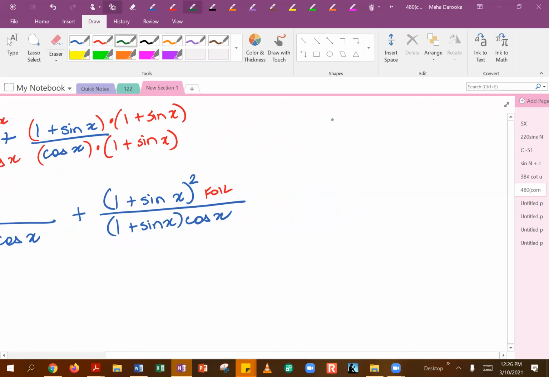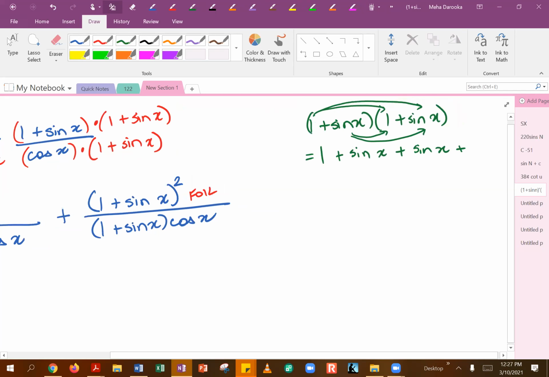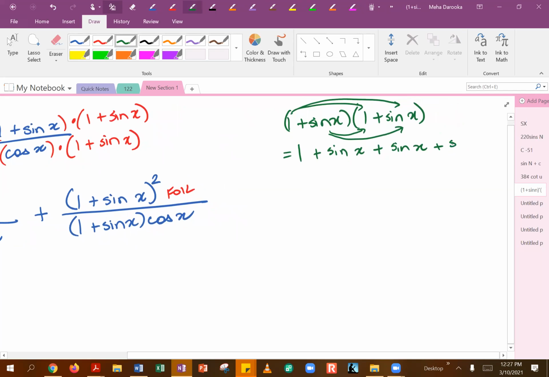So I'm going to do this over here. We've got 1 plus sine of x, and we're multiplying it into itself, 1 plus sine of x. So 1 times 1, we're just following our FOIL step, gives us 1. So that's this step over here. Then you do 1 times sine of x plus sine of x times 1, which is the same thing here, plus sine times sine, which will end up giving us sine squared of x.